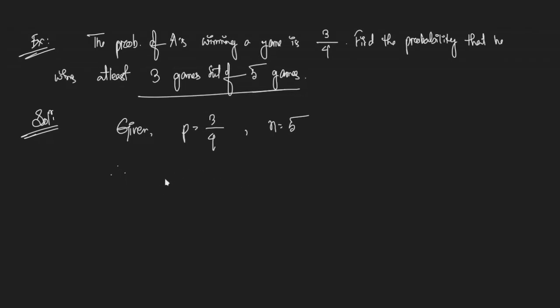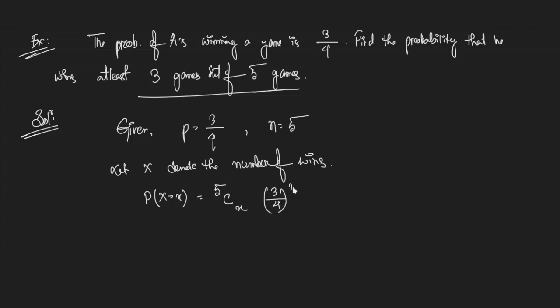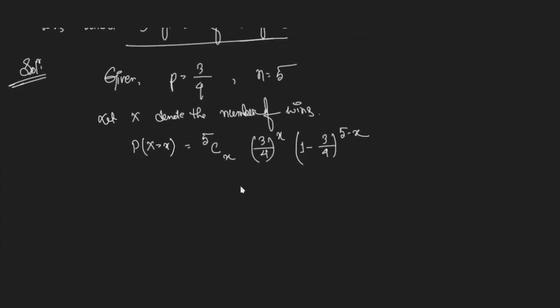Let X denote the number of wins. So the probability of X equal to x is nCx p to the power x q to the power n minus x, where p is 3/4, q is 1 minus 3/4, and n is 5.